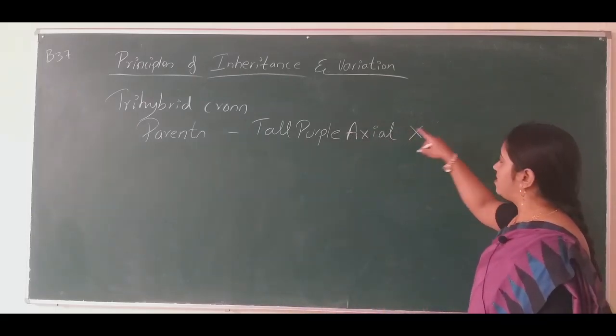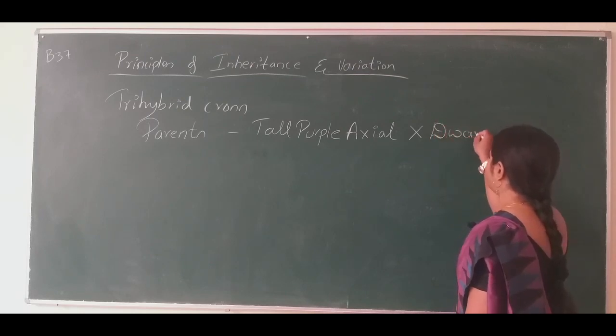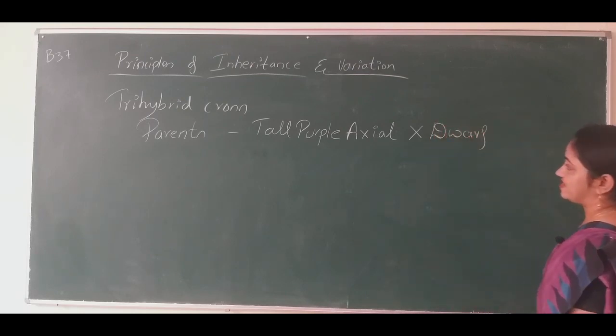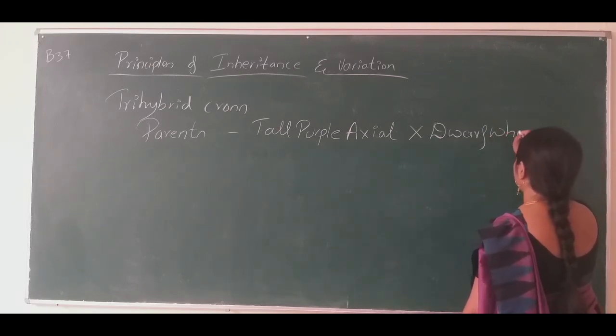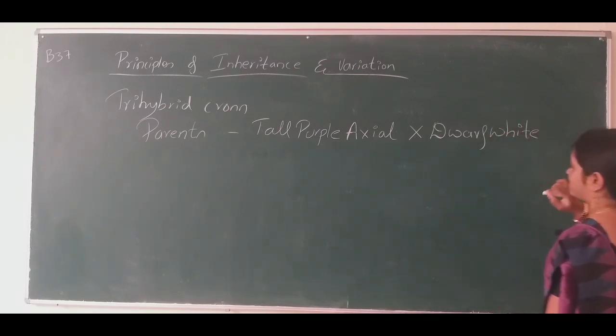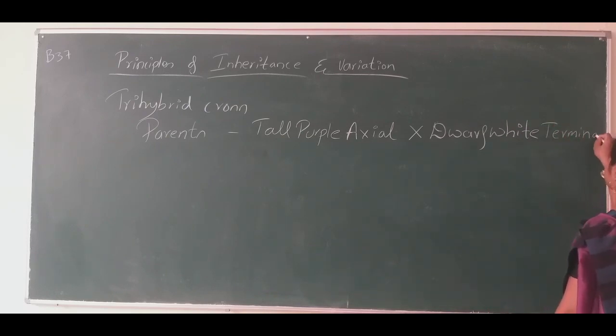For the tall, what do I have to write here? I have to write the dwarf contrasting character. For the purple, what should I write here? I should write white, and for the axial, it should be terminal.